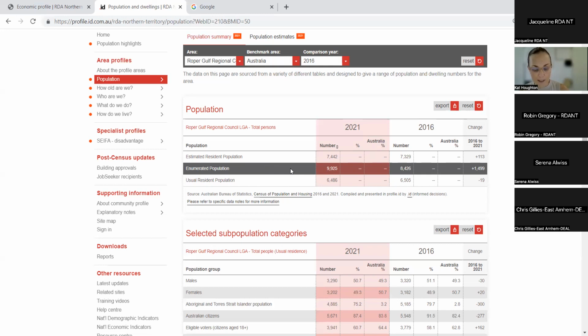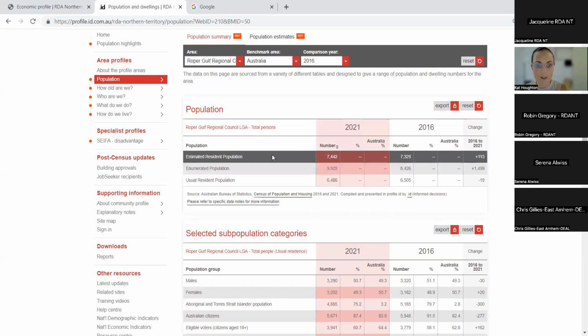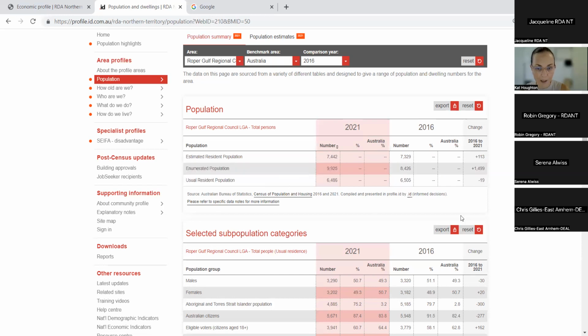So they can start to think about infrastructure, services, and how often they need to mow the lawns, based on the amount of people in that region during peak tourism season. So those counts are important.